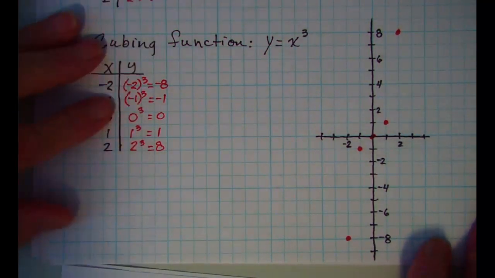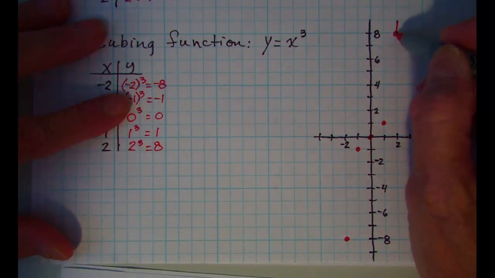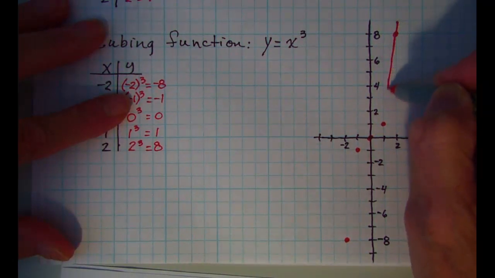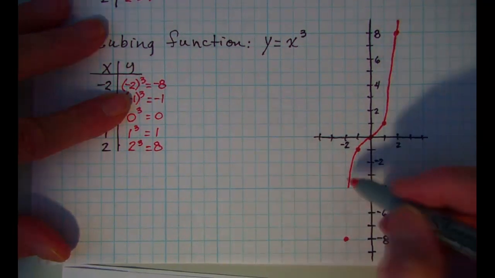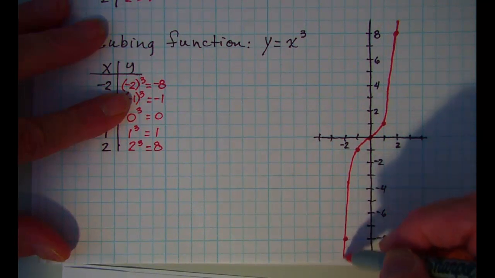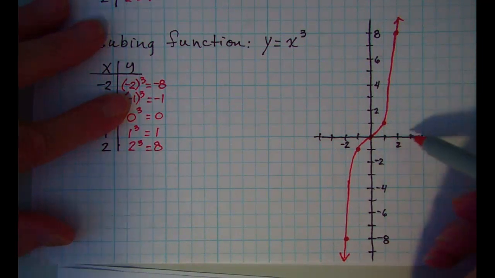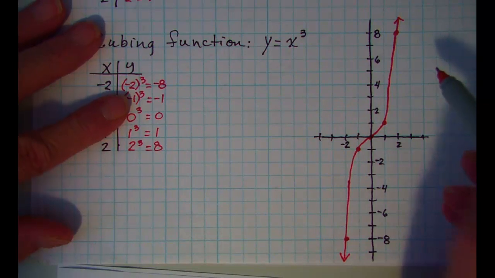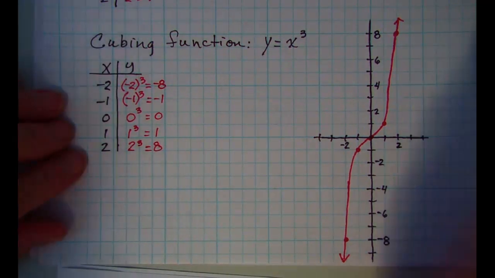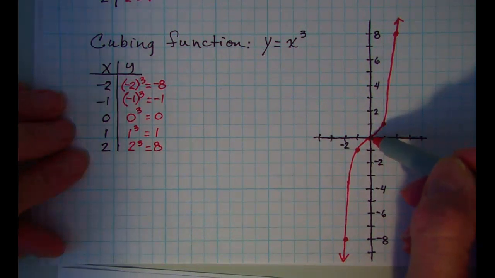So our cubing function is a curve that's pretty steep. Okay, if we looked at the next number, 3 cubed is 27, so that's way up there. But our basic cubed function looks like this, has like a turning point here at 0, 0.